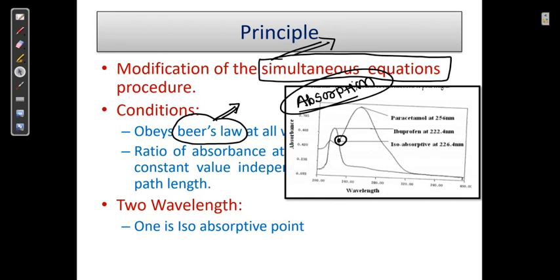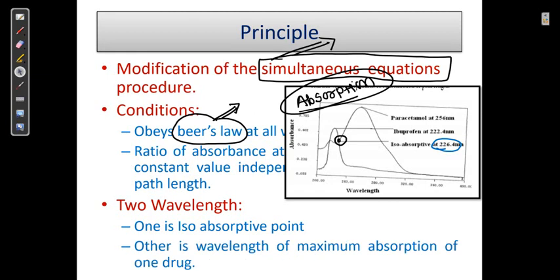Suppose we take two wavelengths. One is the isoabsorptive point. Irrespective of concentration, the absorbance of both drugs is the same. So we have taken 226.4 nanometer. The second one can be the wavelength maxima of any drug. We have taken it for ibuprofen, but the other can also be taken, though that requires optimization of the procedure. In the optimized procedure, we have taken these two wavelengths.